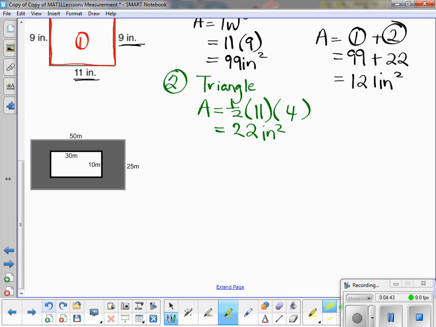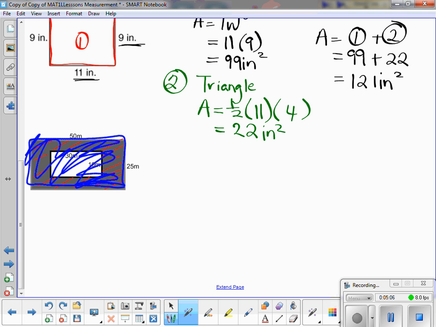What I'm after here is this shaded portion, just this gray part. Now, even though I have 2 shapes, it's very different than the question before. So what I'm going to do is find the area of the whole thing, and then I'm going to subtract the white area.